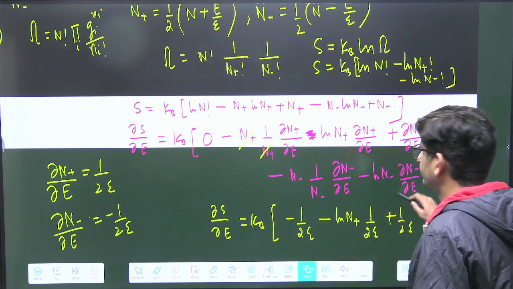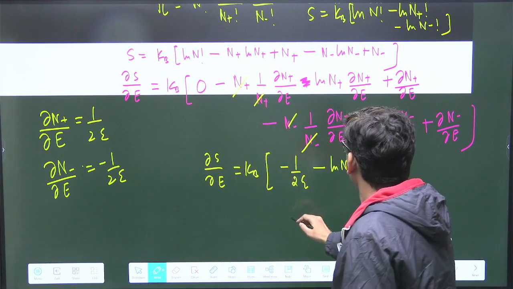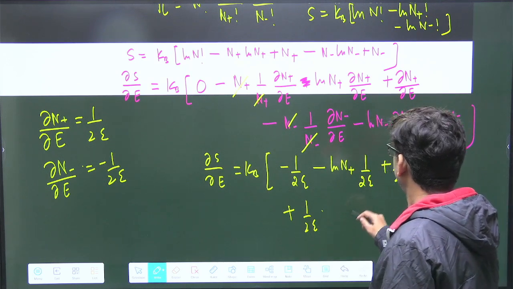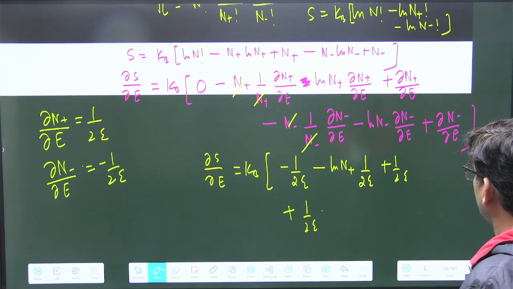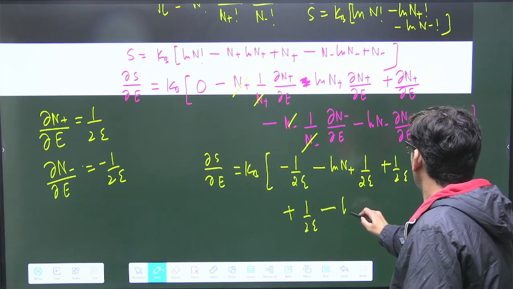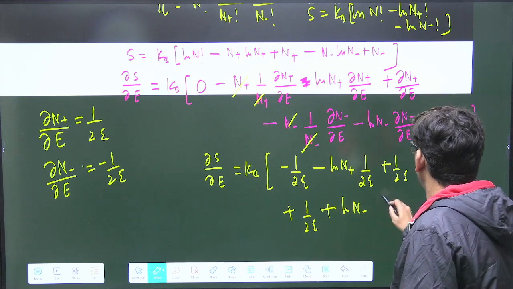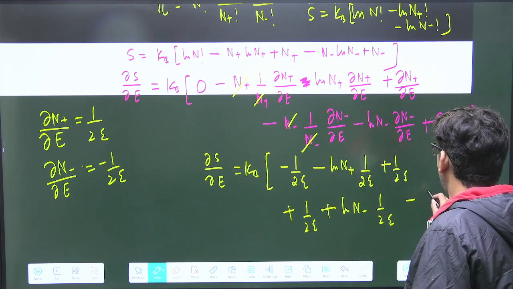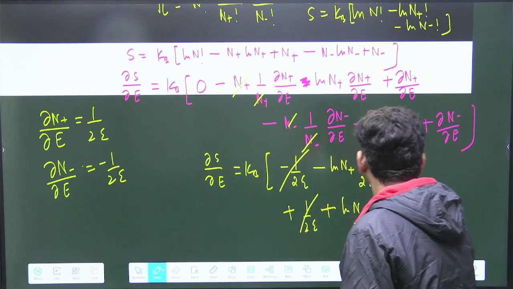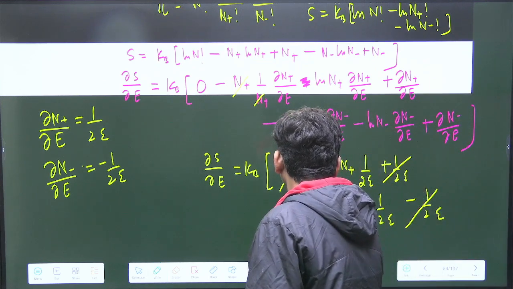Similarly, minus minus plus 1 by 2E, into minus log of n minus, minus 1 by 2E and minus 1 by 2E. So this and this cancel.